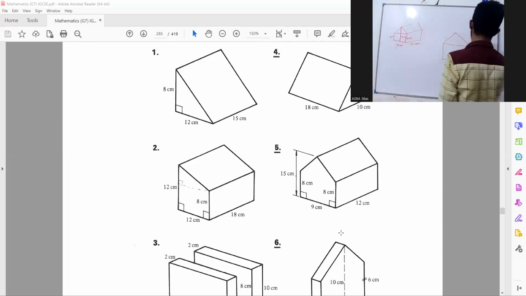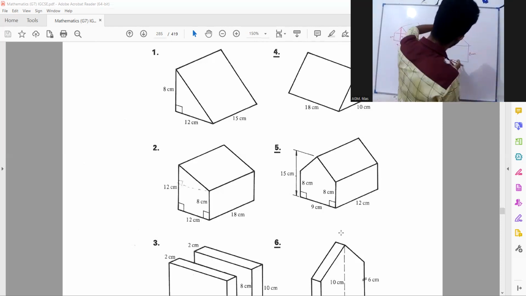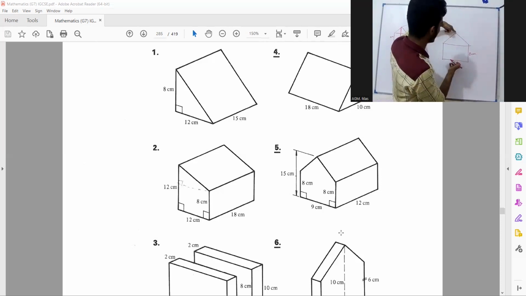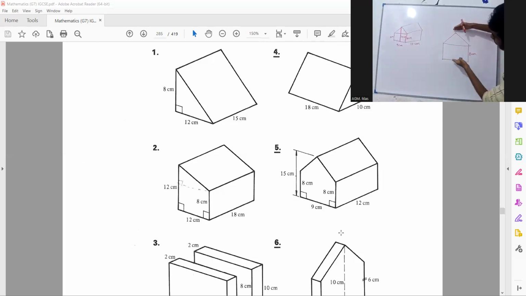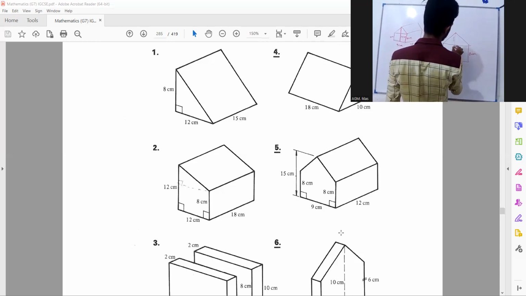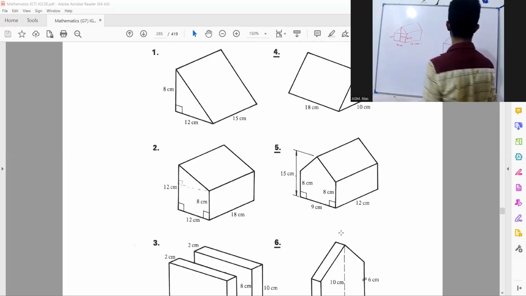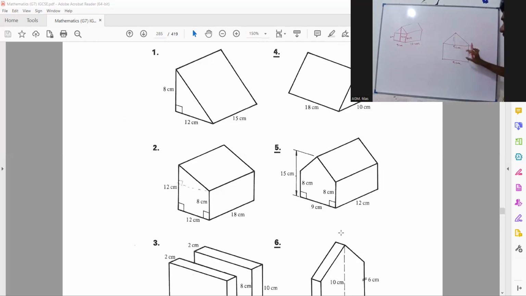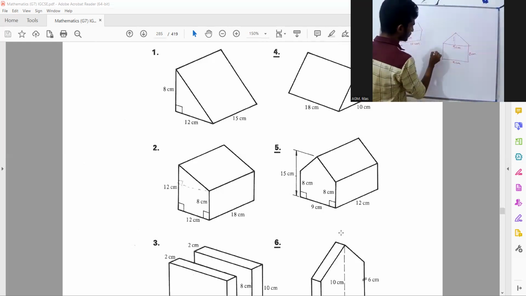If the entire height is 15 and this is 8, then from 15, if I subtract 8, I get 7. So this is 7 centimeter. And this is 9 centimeter. If this is 9 centimeter, this is 9 centimeter according to the characteristic of a rectangle. This is also 8 centimeter.